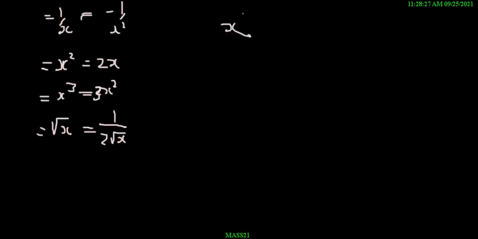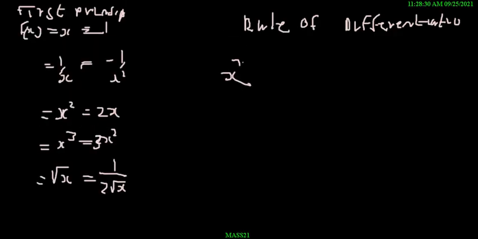Then x to the power 3 is equal to 3 times x to the power 3 minus 1, which leaves us with 3x squared, which is exactly what we found here.